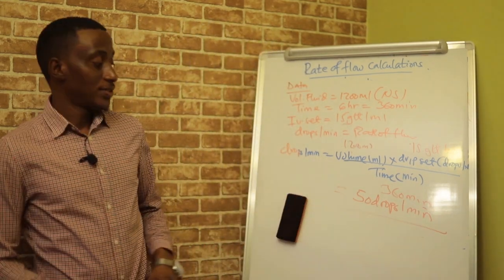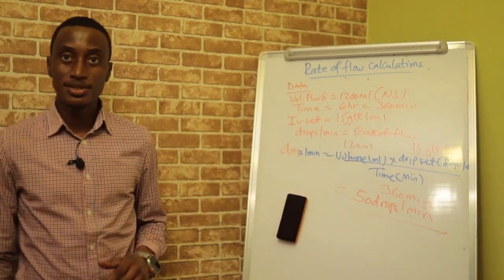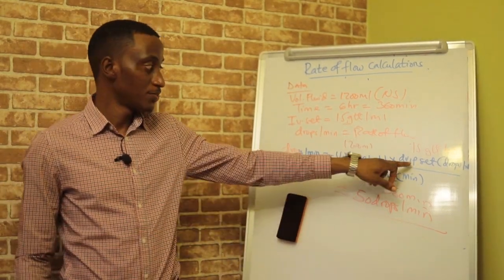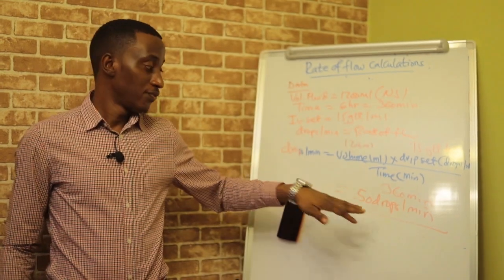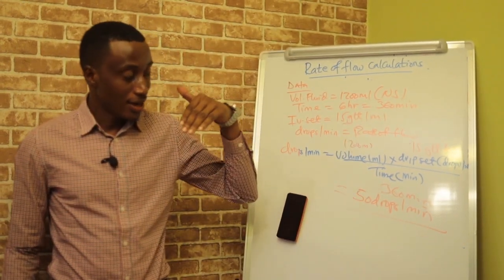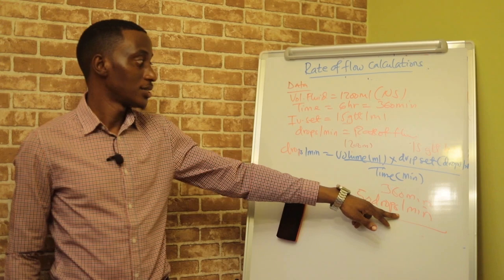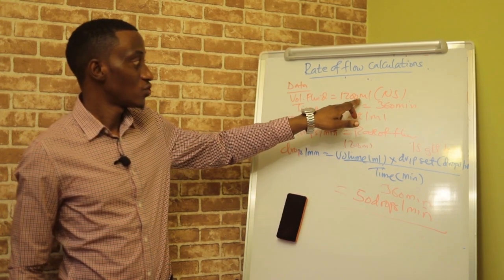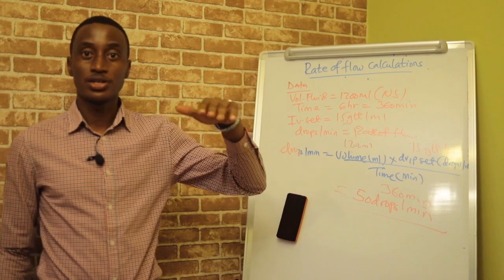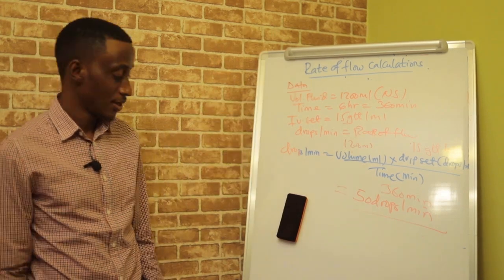If these are 50 drops per minute, this means that we are going to set this drip set to deliver 50 drops each minute. If 50 drops are delivered in each minute, that means after 6 hours, 1,200 mils shall be finished and fully delivered to the patient.